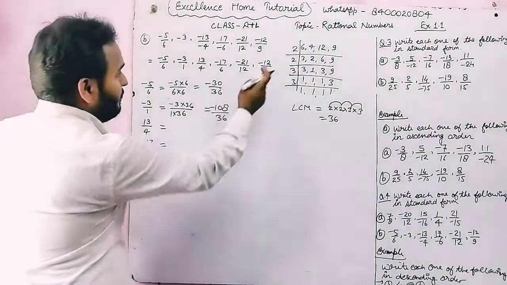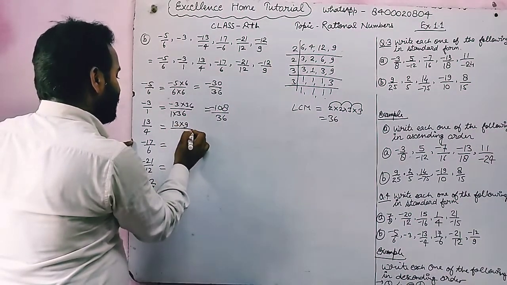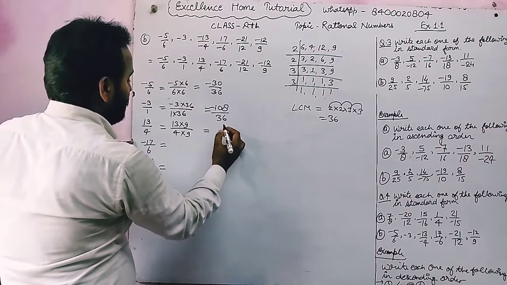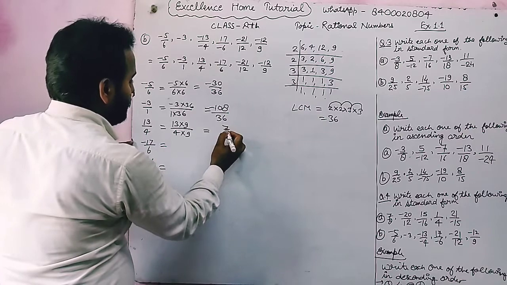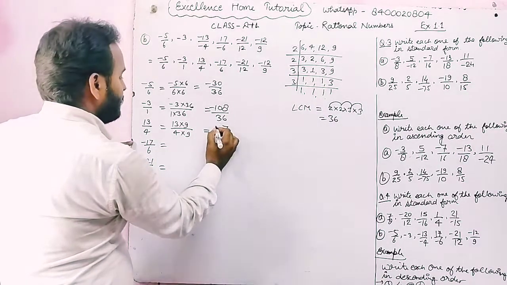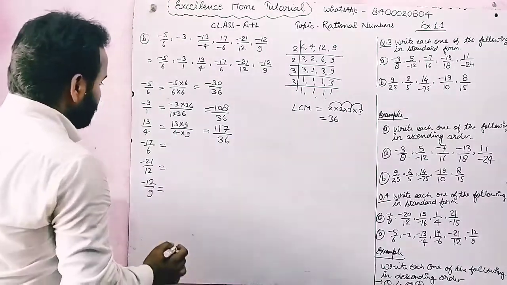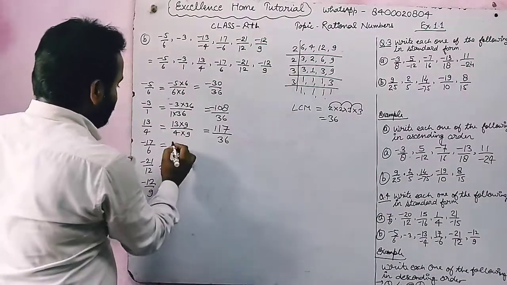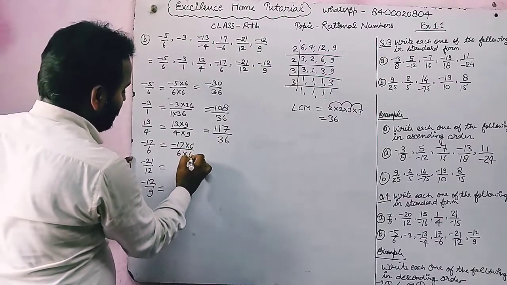And this is 4, we have to remove 4, and this is 9, so we have to multiply by 9, 4 into 9. And 6, we have to remove this and multiply by 6, both numerator and denominator.